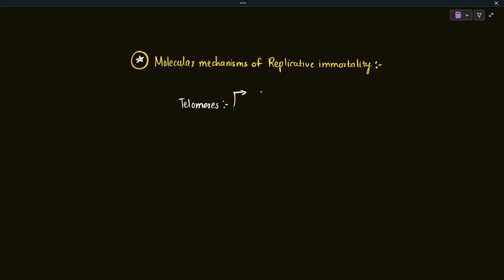Because they are nucleoprotein structures, the protein that binds the nucleic material at the end prevents degradation, because otherwise the end can be considered a DNA double-stranded break. So telomeres prevent chromosomal degradation by enzymes, as well as chromosomal fusion and aberrant recombination. They protect the chromosomes from all of those things.